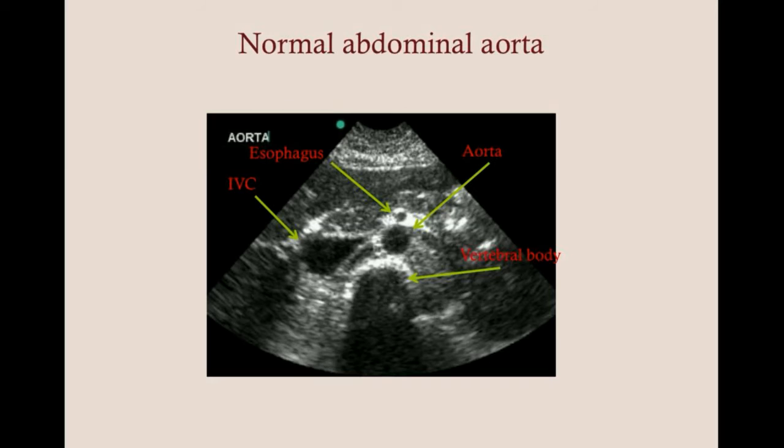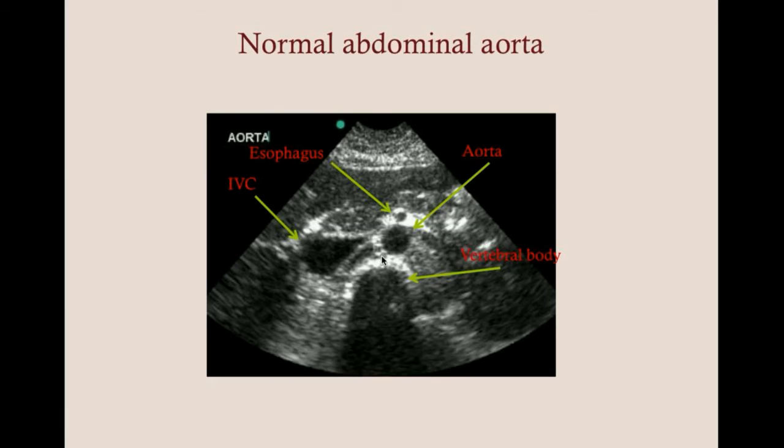So you place the sonogram right over the patient's belly, and you see the vertebral body here, their back, and here you have their aorta, this nice circle that sits right on top of the vertebral body. And right to the right of it, you'll have the inferior vena cava, and you'll know that this is the inferior vena cava and not the aorta because the wall is irregular. The esophagus is just going to be a little small tube, and it sits right anterior to the aorta.